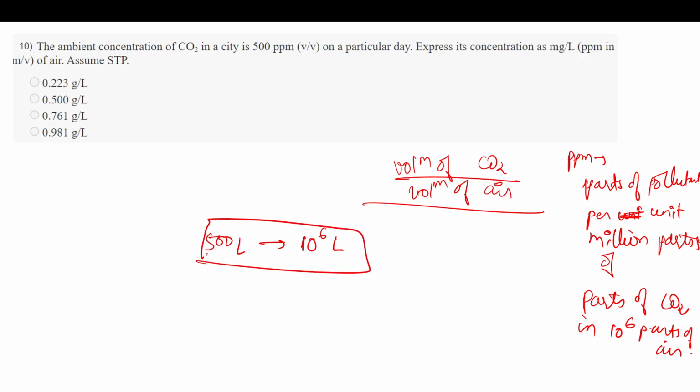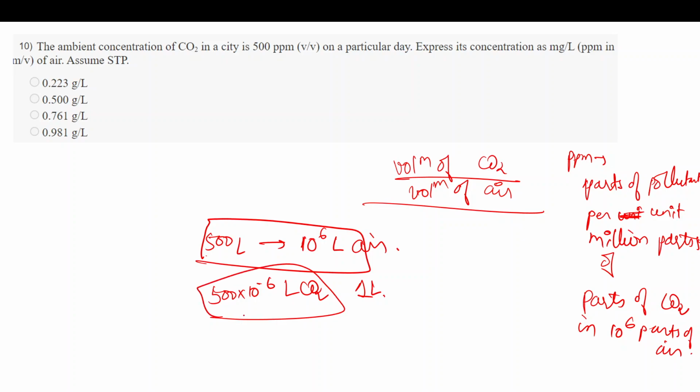So that will be the definition of this ppm. So if we take a unit volume of air, so 1 liter of air will have 500 into 10 to the power minus 6 liters of CO2.